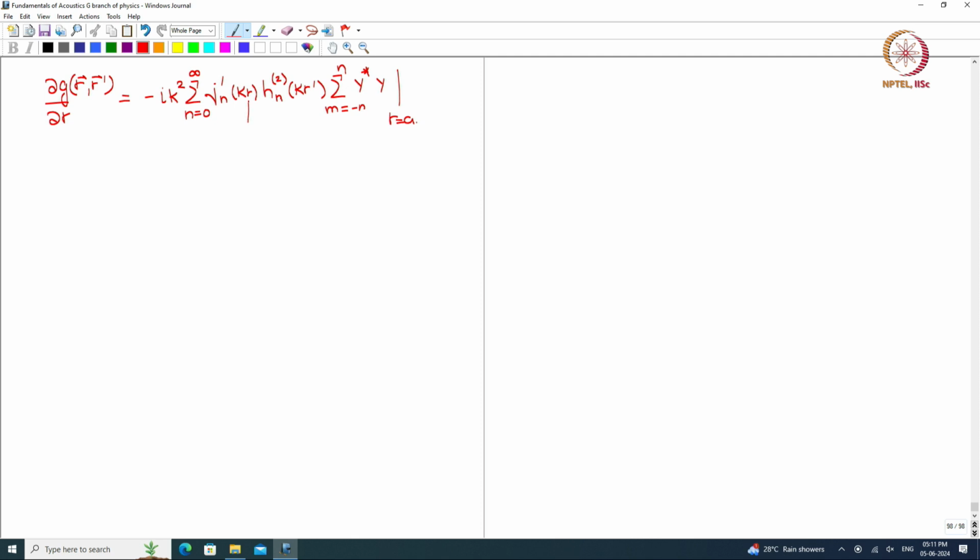Now what we have is ∂G by ∂r must be equal to minus ∂ by ∂r of Gh(r') at r equal to a, where Gh is the solution to the homogeneous equation.